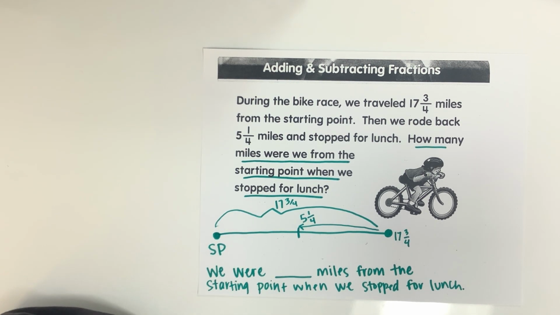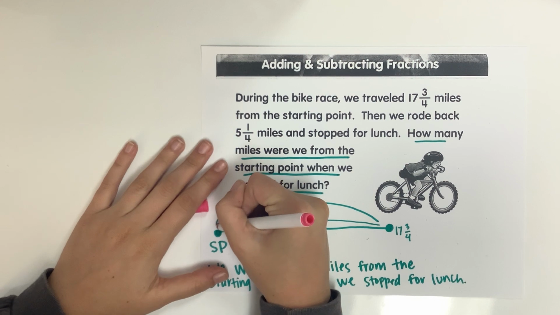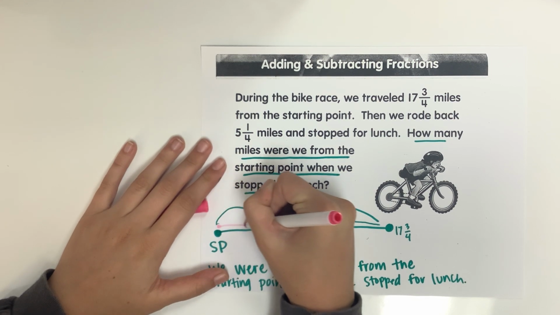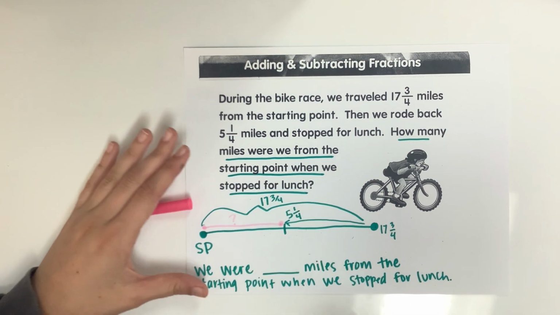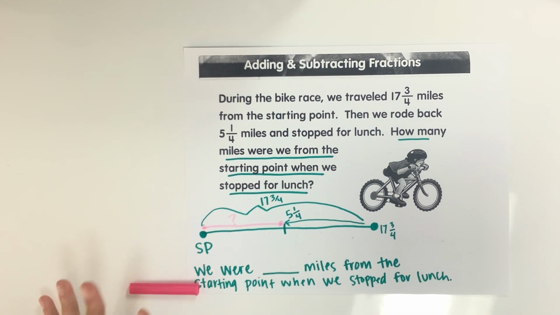But we're trying to figure out, I'm going to switch markers here to help my visual brain, we're trying to figure out this distance, right? From the starting point to wherever they're at. Okay, are you starting to see this a little more?